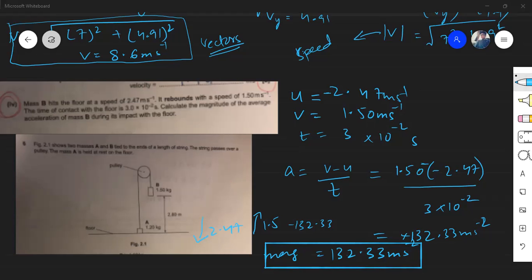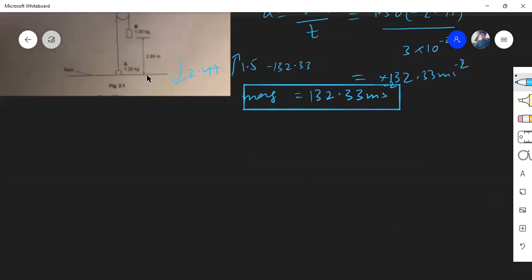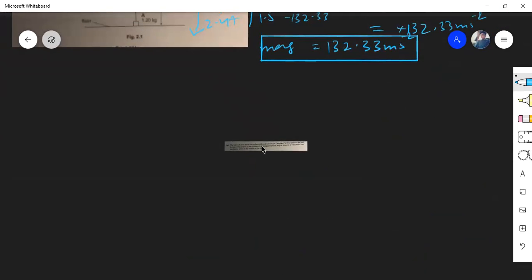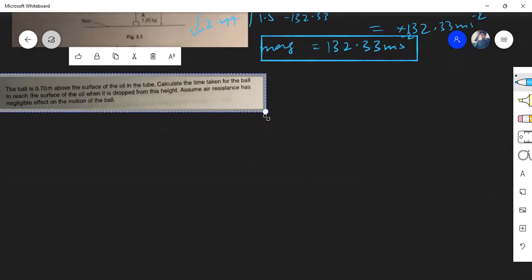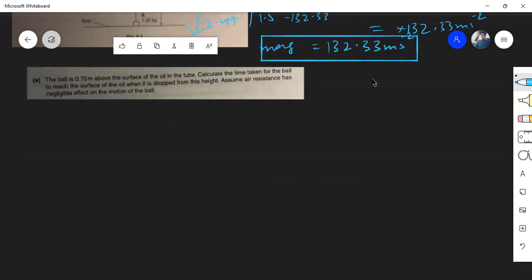Calculate the time for the ball to reach the surface of the oil. So this is our question: the ball is 0.7 meters above the surface of the oil.